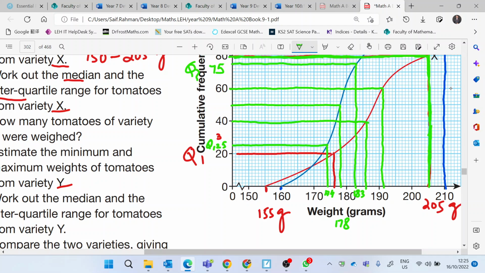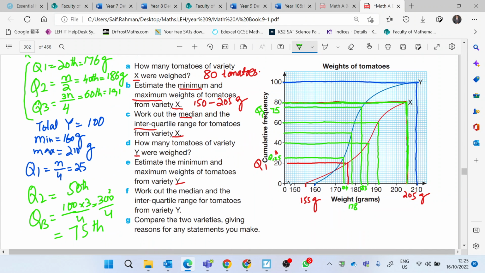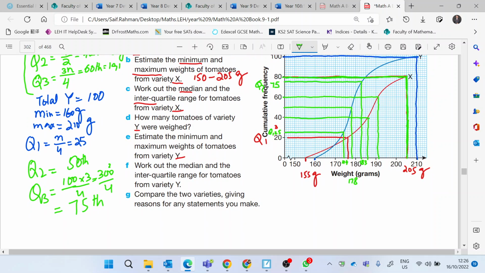Okay, so Q1 is the 25th value, and the 25th value is 174, and Q2 is the 50th value, and the 50th value here is 178, and Q3 is the 75th value, and that is 183.